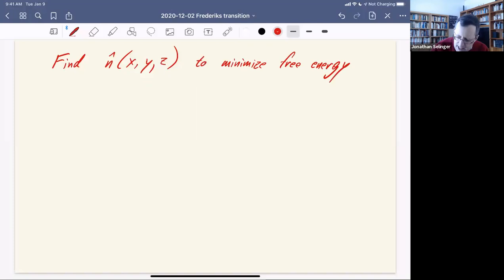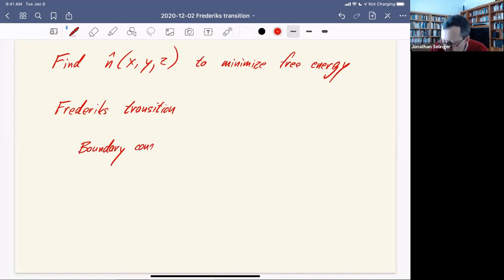The example that I want to show you today is the Frederiks transition. This is a standard example in liquid crystal physics. It's a very common situation where you have the combination of boundary conditions and elasticity versus an applied electric or magnetic field.